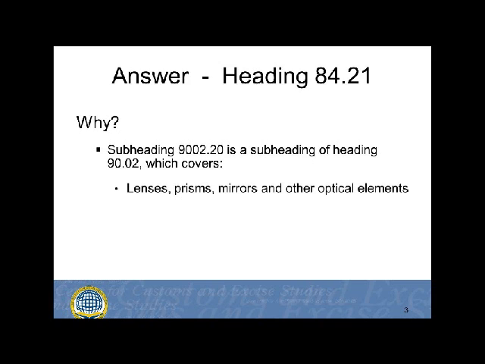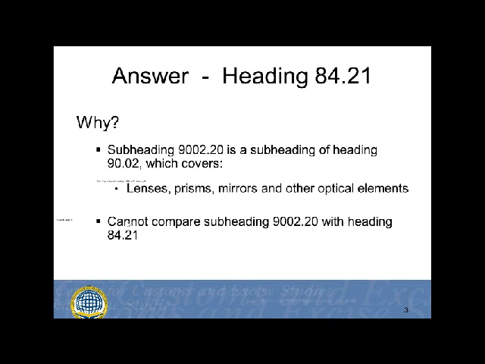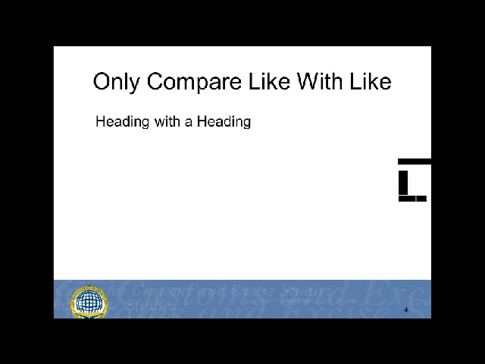So the filters of subheading 900220 are those goods that are used in conjunction with optical equipment. You cannot compare subheading 900220 with heading 8421. You may only compare heading 9002 with heading 8421. Only compare a heading with a heading.